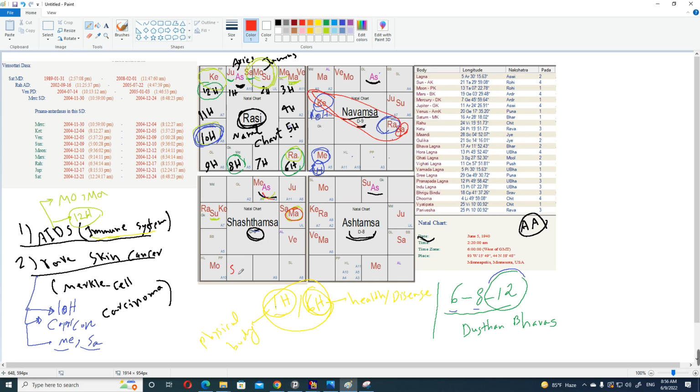This is Scorpio. 8, 9, 10, 11, 12. This is Aries. And then Mars is the ruler in D6. Mars is placed in Cancer, and it is the ruler of the seventh and 12th houses. Then you can see the connection of Saturn with the 12th house because it is with Mars.